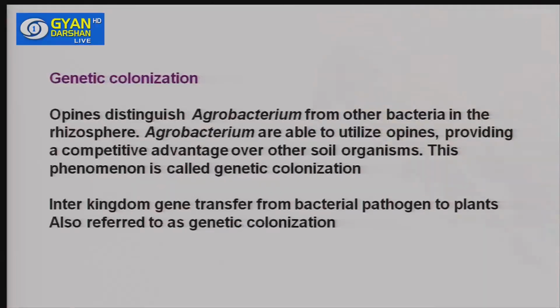So this is number one. And number two, this interkingdom gene transfer. That is why it is interkingdom, because from bacteria, the gene or the vector is being transferred into another system, which is a plant system. This is something of a beauty, that from a bacteria you are transferring something to a plant. Normally in the conjugation process, we have seen transfer from a bacteria to another bacteria.